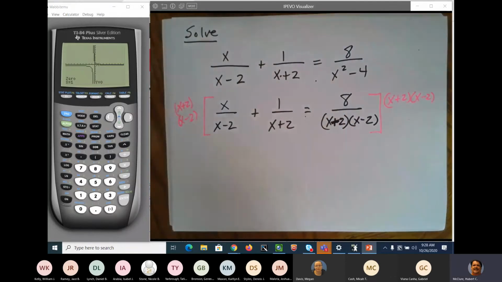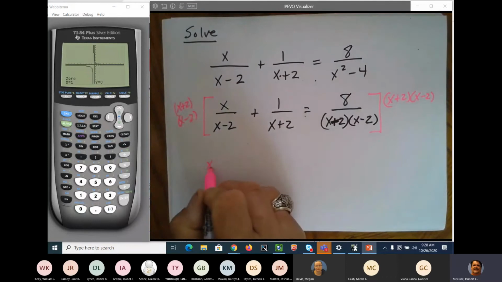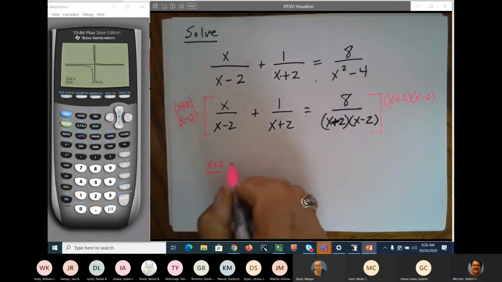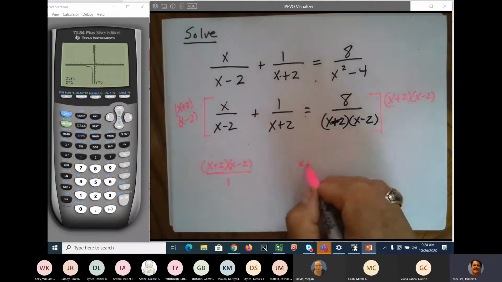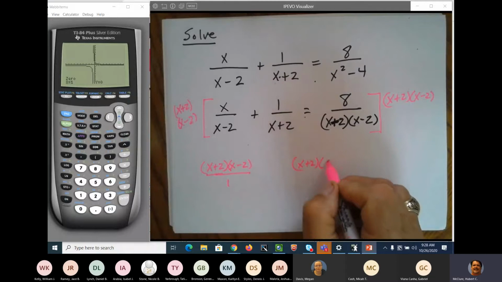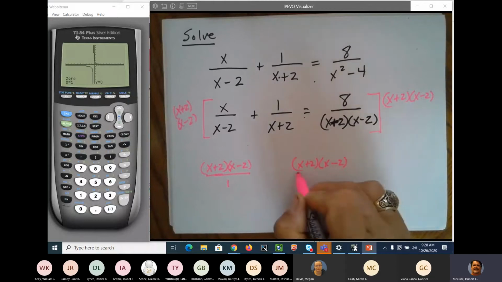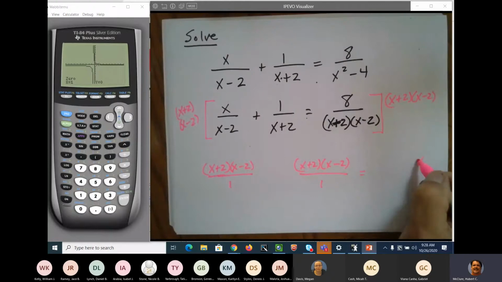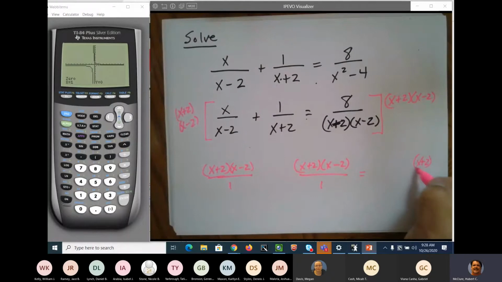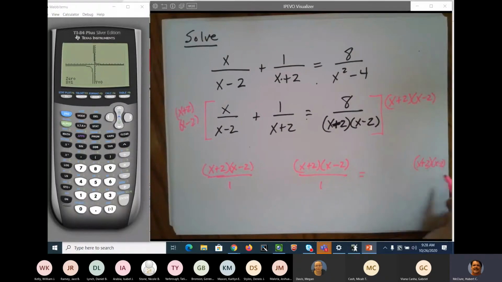Put it in here, x plus 2, x minus 2, x plus 2, x minus 2, x plus 2, x minus 2.